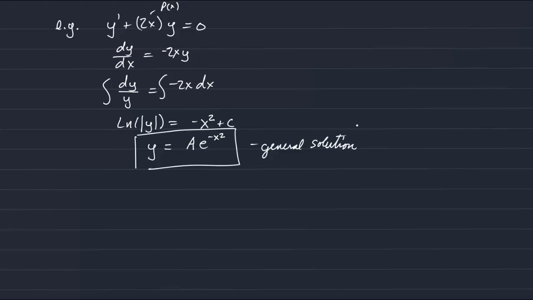Now, suppose we're given an initial condition. And again, the word initial comes from the case in which typically the value of y is specified at the very beginning, or at x equal to 0.